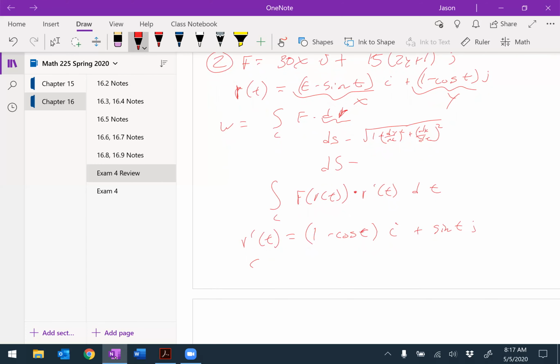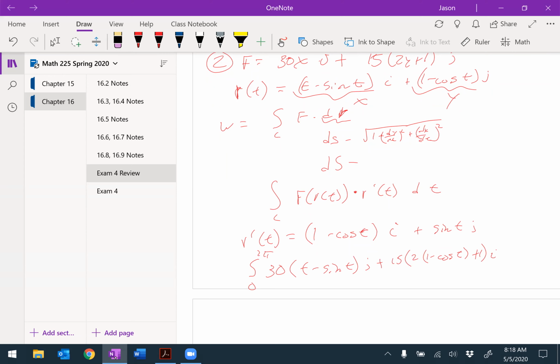So let's set up the integral from 0 to 2 pi. F of r of t is going to be 30 times x, which is t minus sine t, i, plus 15 times 2 times y, which is 1 minus cosine t, j.